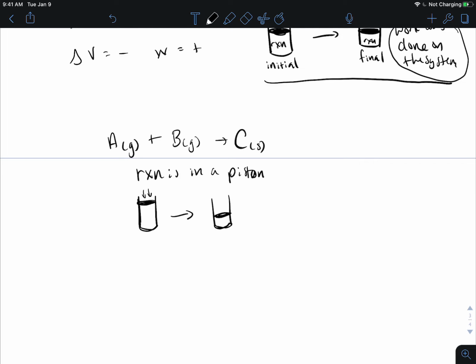Here we have this reaction, and it loses a total of 1150 joules of energy in the form of heat.